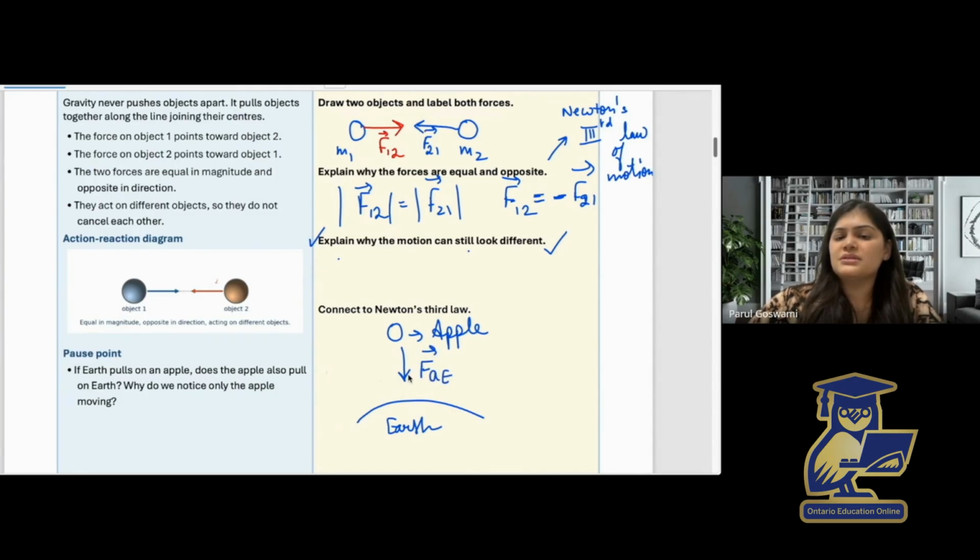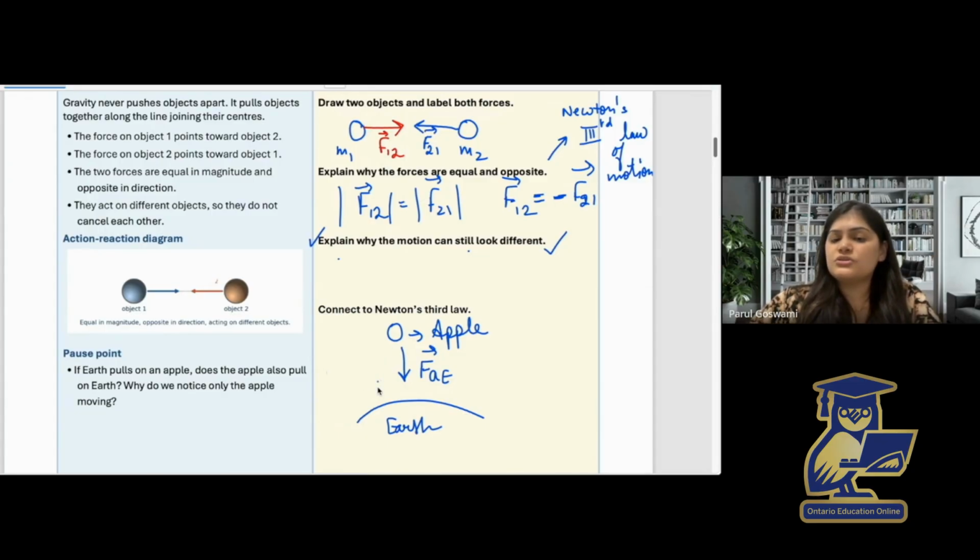But as we have seen, the universal gravitational law can be connected to Newton's third law of motion, so if the apple is being attracted towards the Earth, the Earth should also be attracted towards the apple, and should have the tendency to move towards the apple.